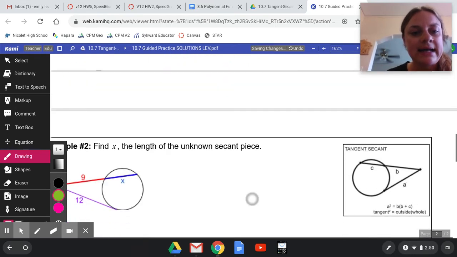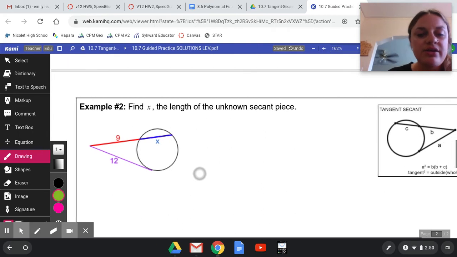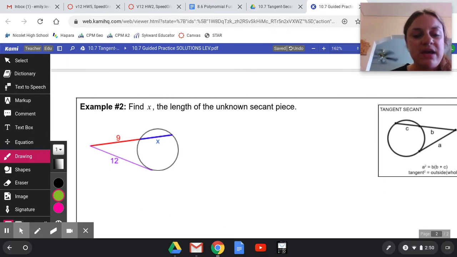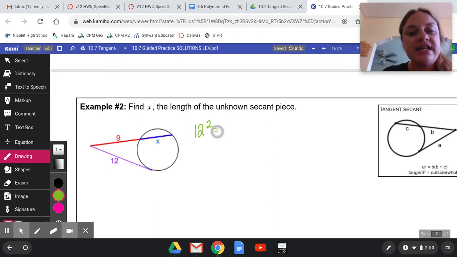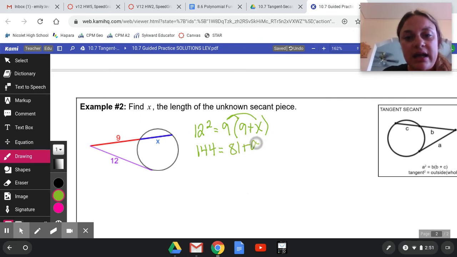Lovely. Next. We are looking for the length of the unknown secant piece once again. So again, I'm going to start with tangent squared, so 12 squared is equal to the outside part of my secant, which is 9, times the entire length of the secant, which is 9 plus x. 12 squared is 144, is equal to, distributing in my 9, 81 plus 9x.